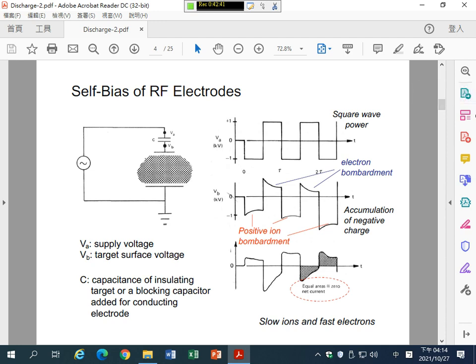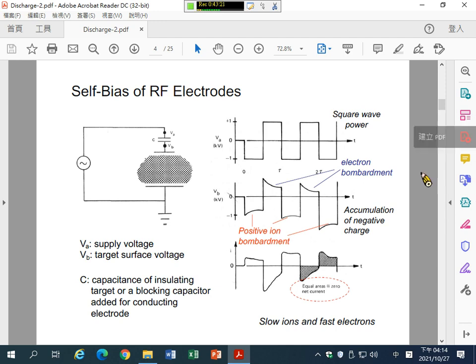In this slide, if you use a square waveform for the power supply, the change of voltage on the surface of the top electrode looks like this. And eventually after several cycles, the top electrode experiences a very high negative bias in this half cycle, and a small positive bias in the other half cycle.